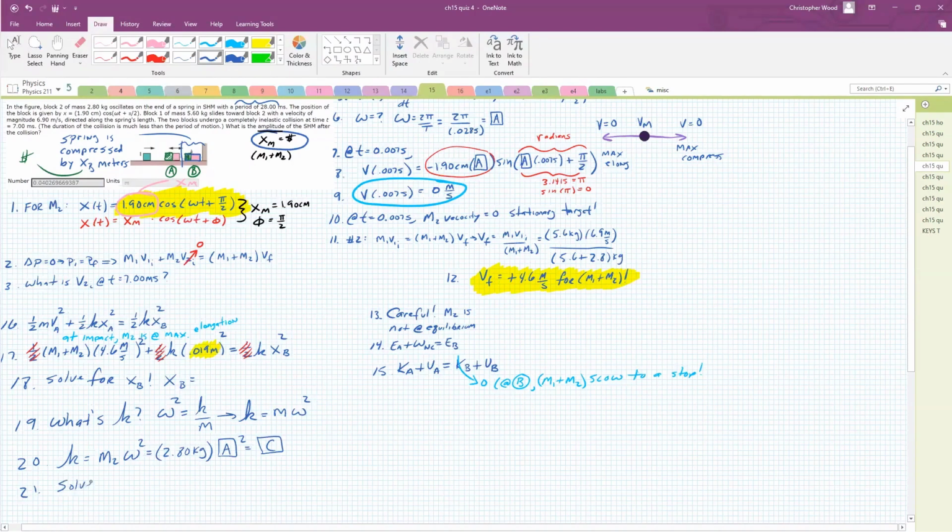So solve for xb in number 17. All right.